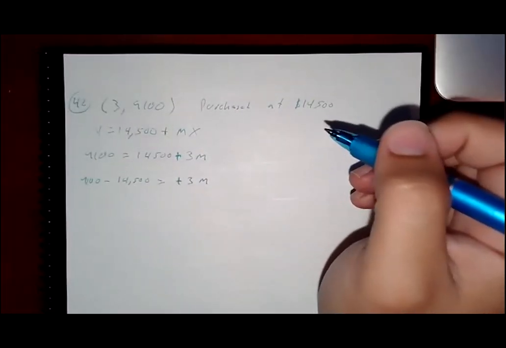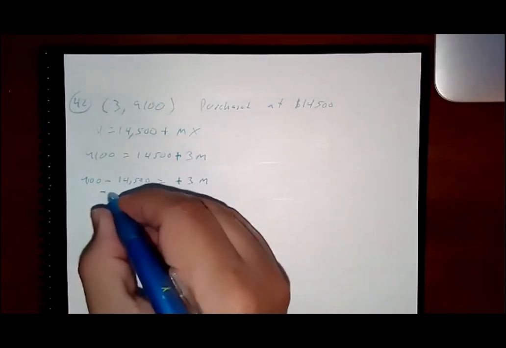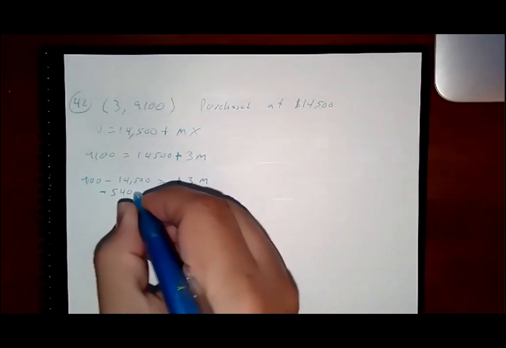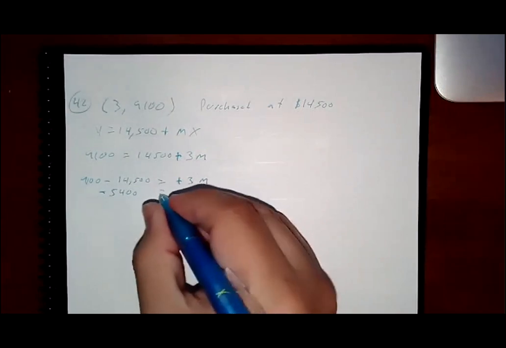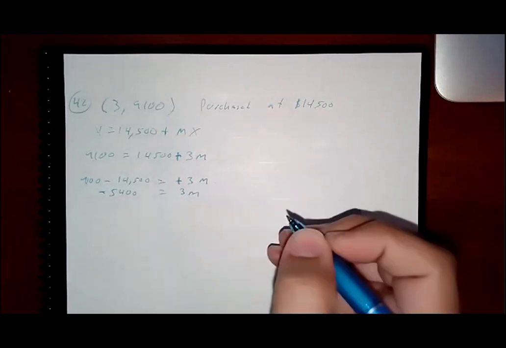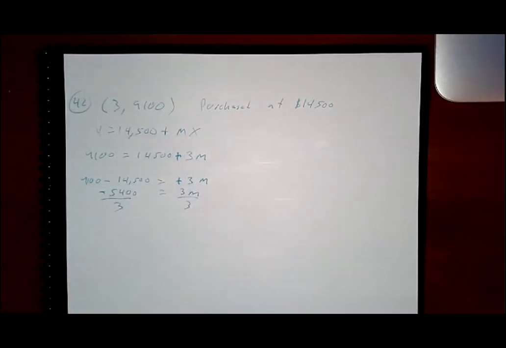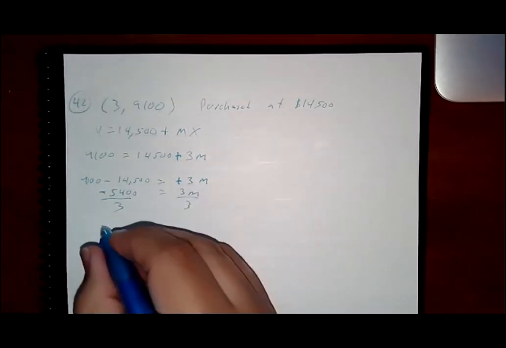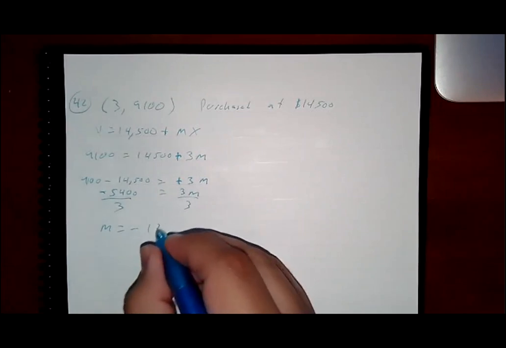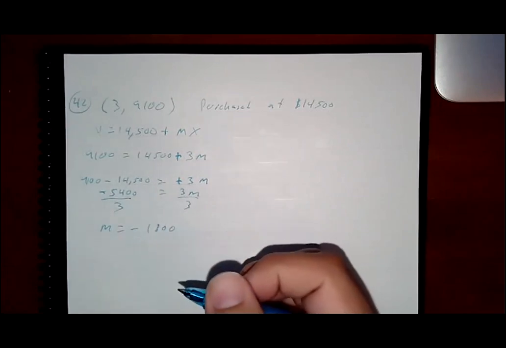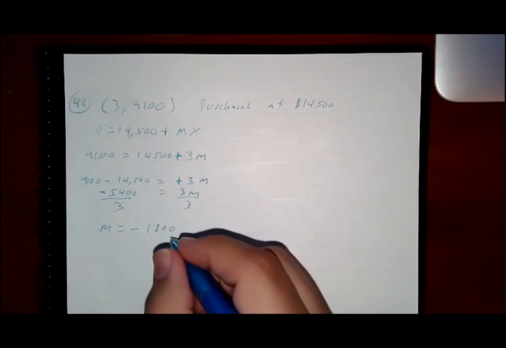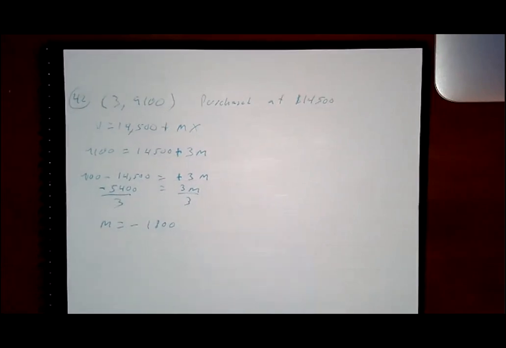I know it's going to be negative, but I shouldn't just plug it in here. So divide by 3, and we're done. So m will be a negative 1,800. So every year, your car loses $1,800 in value.